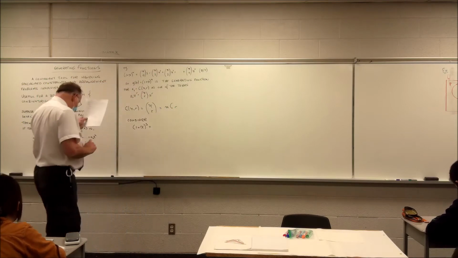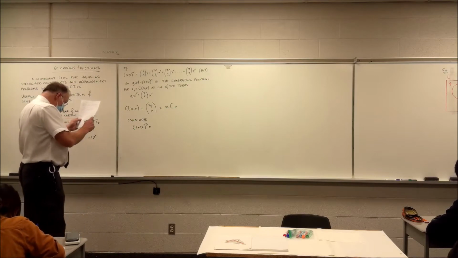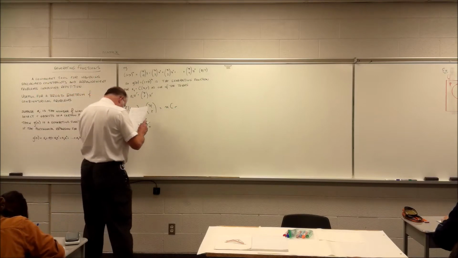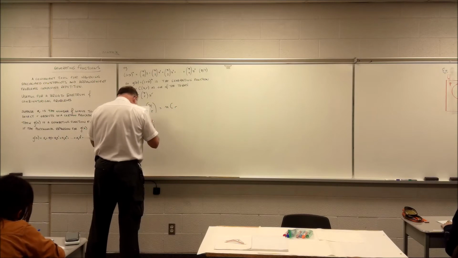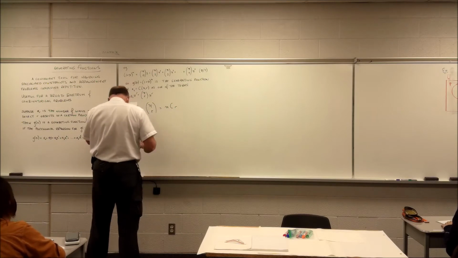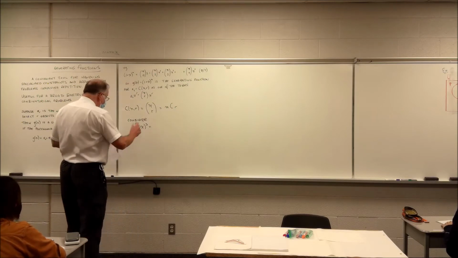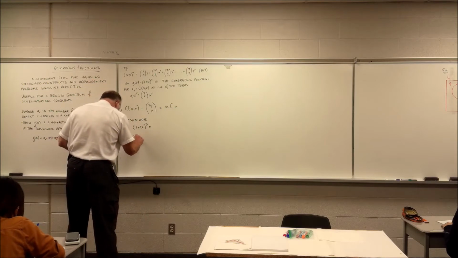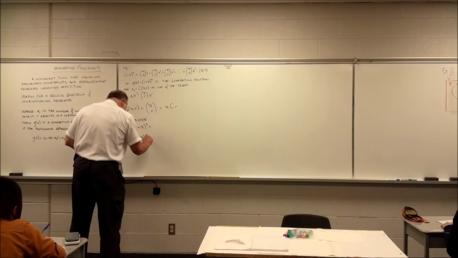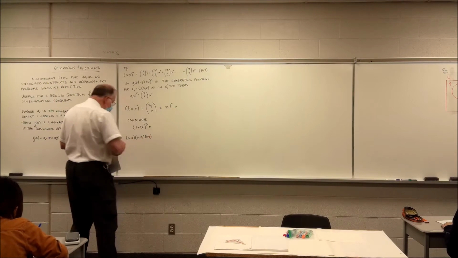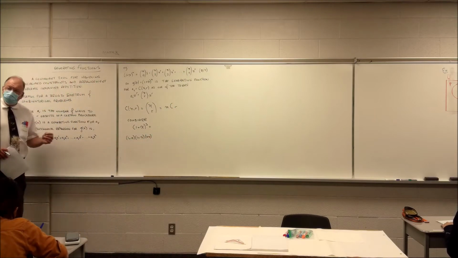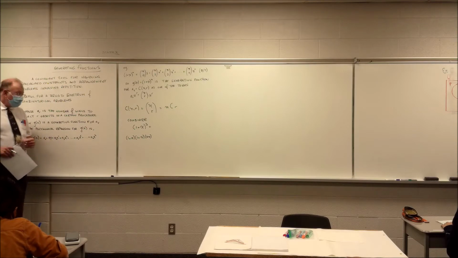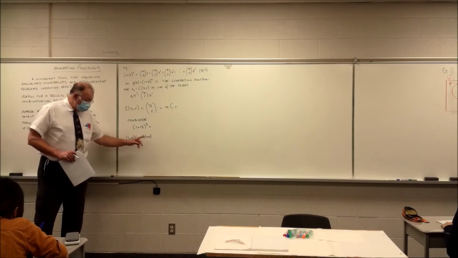Now in the expansion, because it's a cube, it's (1 + x) times (1 + x) times (1 + x), right? So when we look at a term, we have to choose one out of each of these.